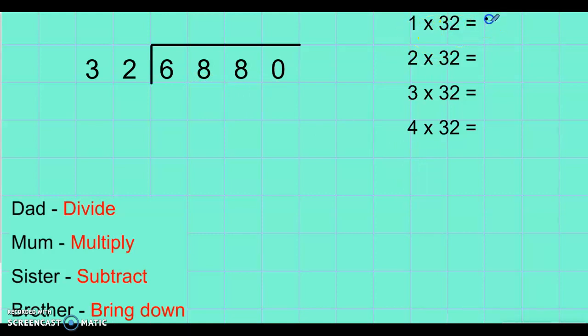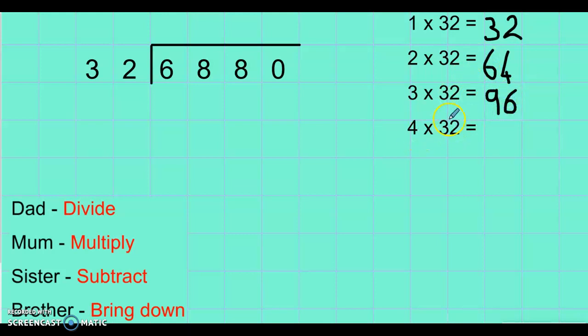So 1 times 32, well, that's fairly obvious, that's 32. 2 lots of that, we can just double it. So that's 64. 3 lots, well, that's 2 lots and 1 lot, so we can add them together. So that will be 96.